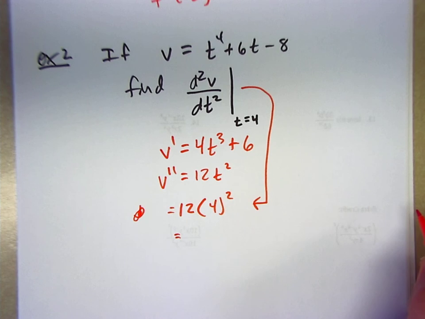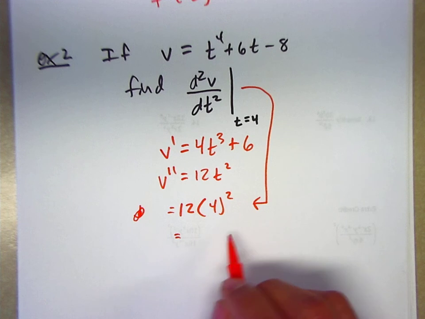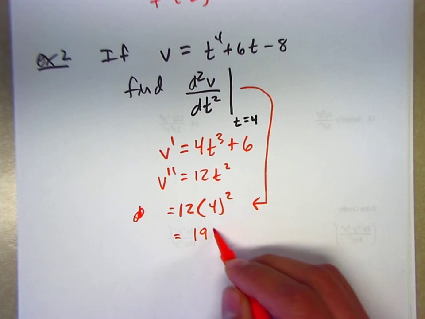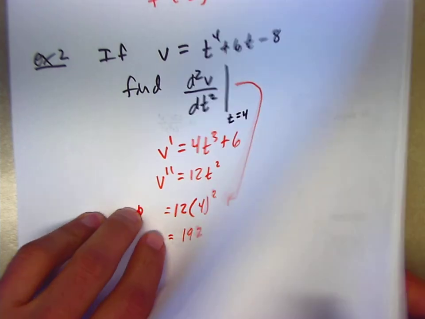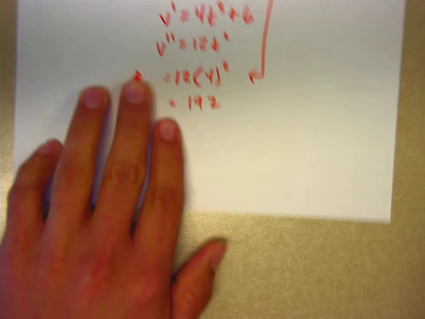And so help me out, what's 12 times 16 going to be? $192. Perfect. Okay. Any questions on that? Okay.